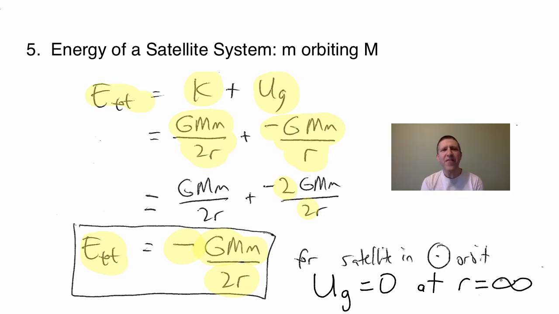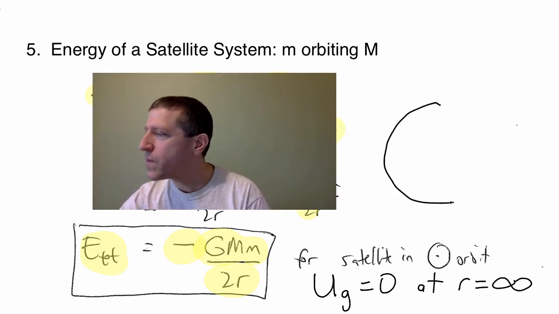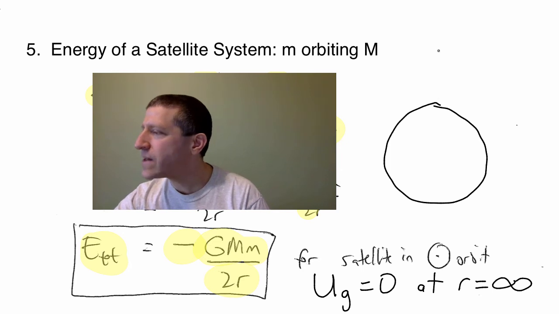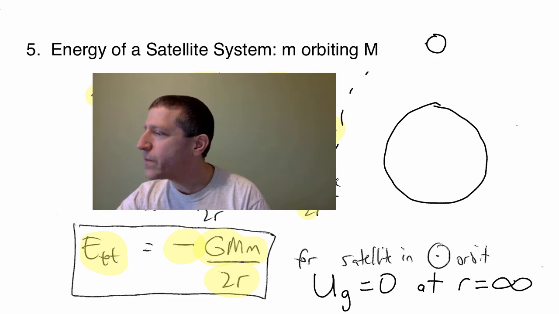Now, what does it mean that the total energy is negative? Well, let's understand what it means to have zero energy. If I had a satellite in orbit, let's go ahead and draw this right here. Here's my big mass out here, and here's my satellite just orbiting this big old mass.